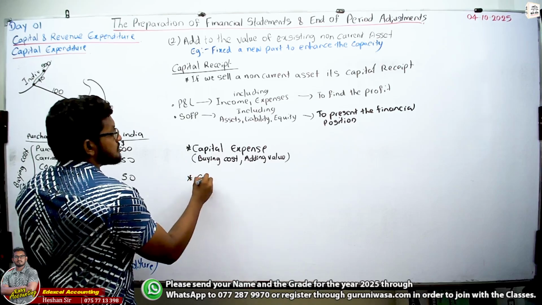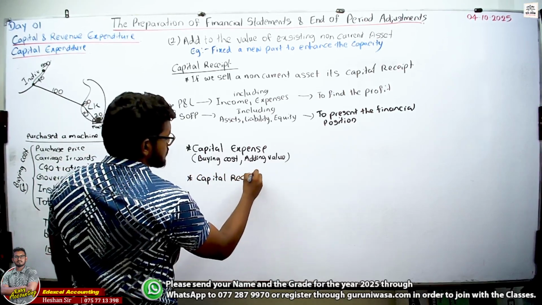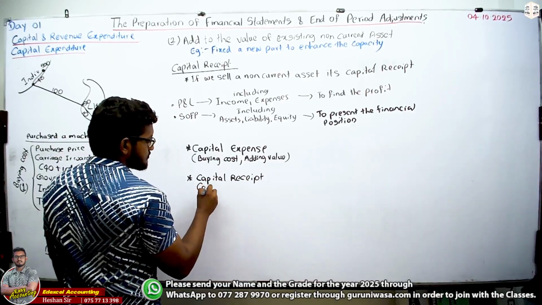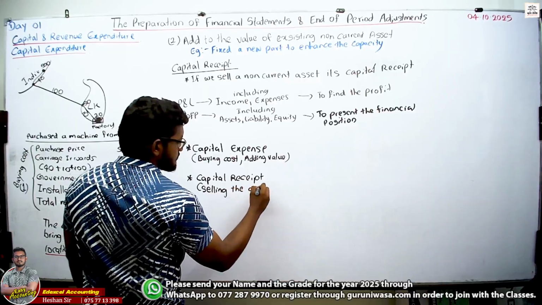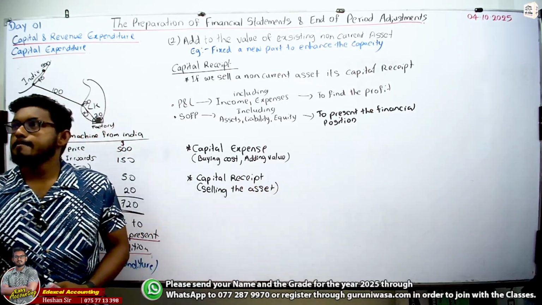And capital receipt, which means selling the asset, right? That is another, right?